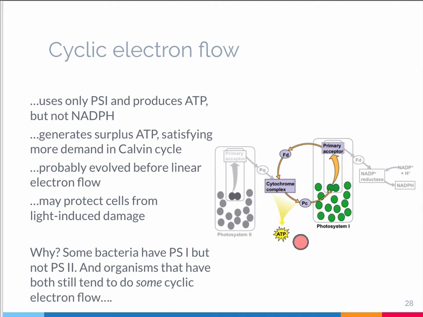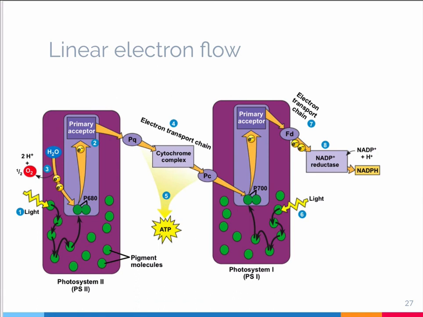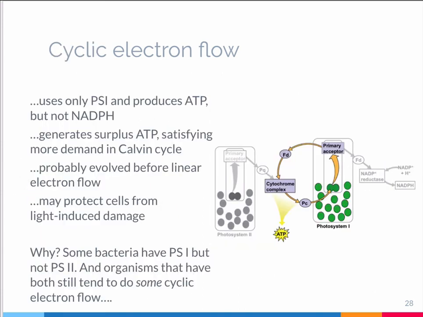So we suspect that these bacteria do cyclic electron flow and a form of photosynthesis that generates ATP, but not necessarily any organic compounds. So this is the process of cyclic electron flow. It's an alternative to the linear electron flow, which not only generates ATP, but also generates some NADPH, which can then be used in the Calvin cycle. Cyclic electron flow just gives you some ATP.